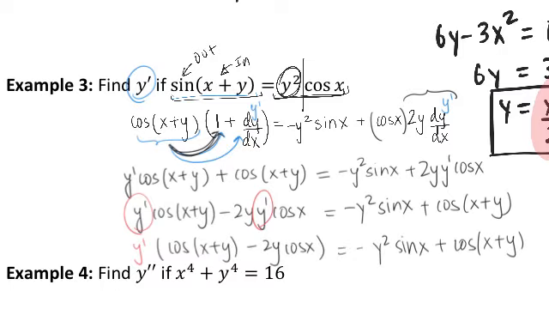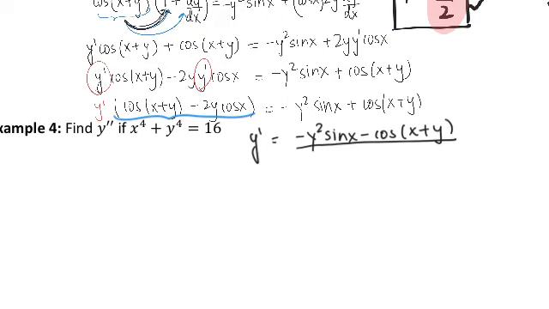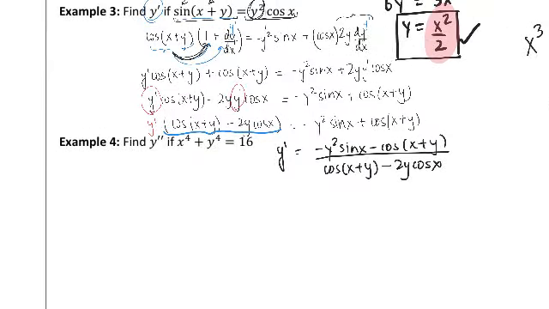And then divide everything by whatever you have to divide by. That would be all of that to get y prime alone on the left. So y prime equals negative y squared sine x minus cosine of x plus y all over cosine of x plus y minus 2y cosine x. So a bit of a pain, but doable in terms of finding an equation for dy dx.